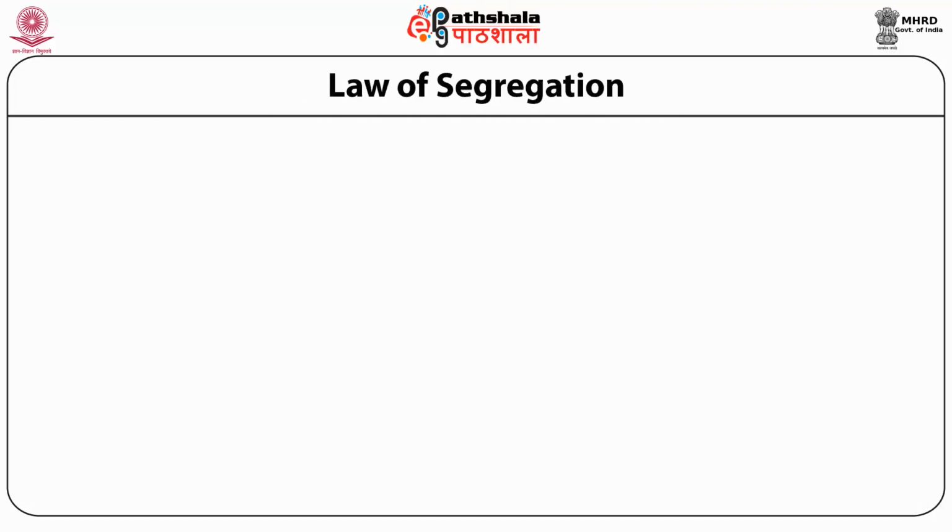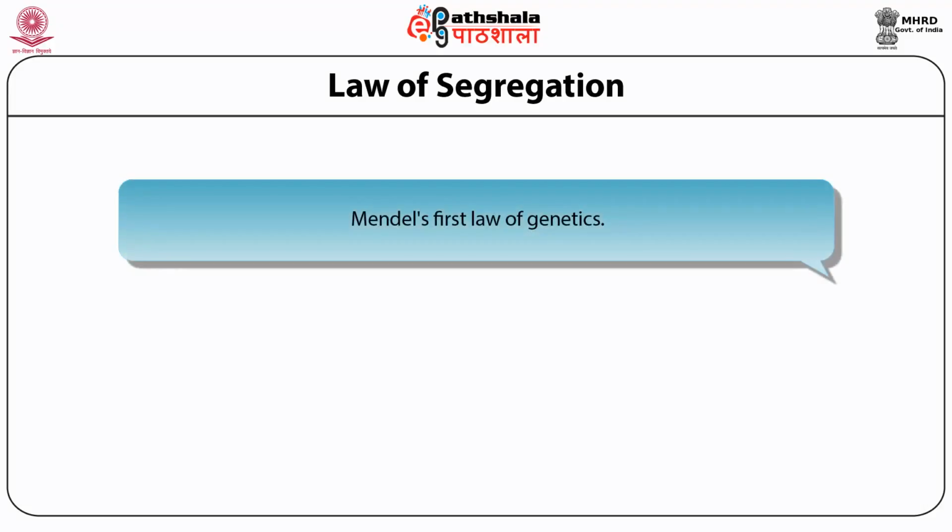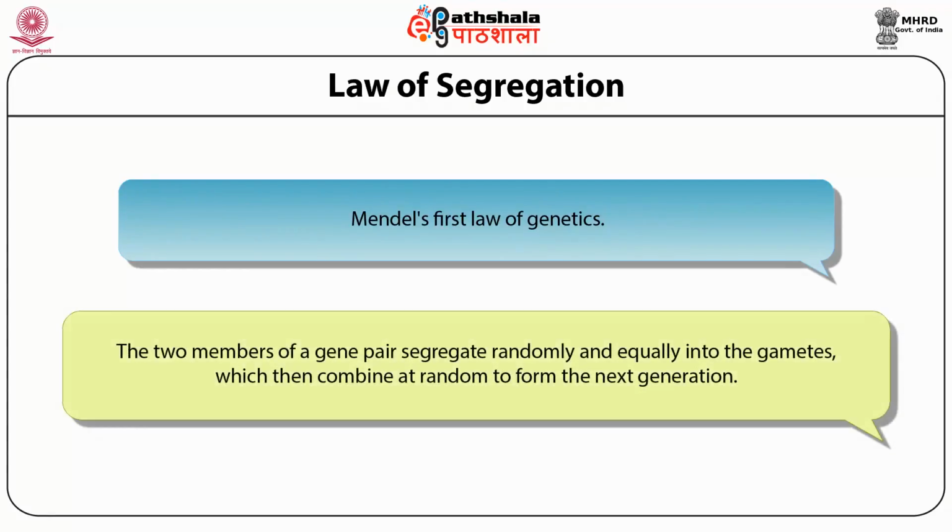Law of segregation. This is the first law of genetics, which was given by Gregor John Mendel. The two members of a gene pair segregate randomly and equally into the gametes, which then combine at random to form the next generation.